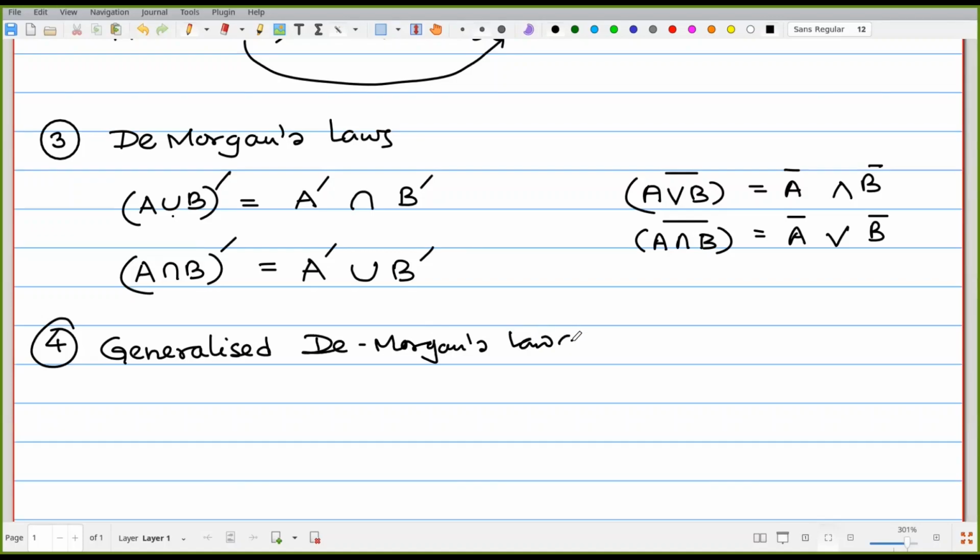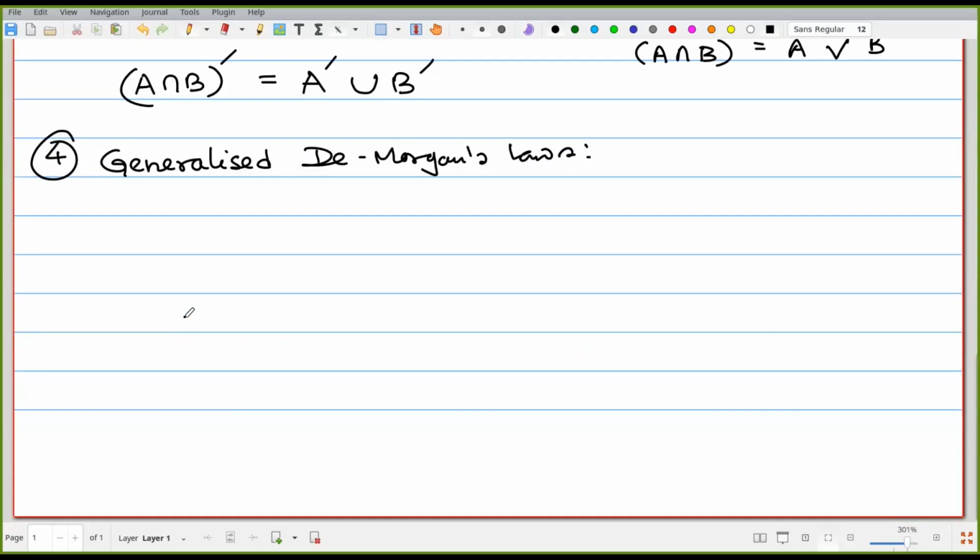Generalized DeMorgan's laws. If we have A minus (B union C), that becomes (A minus B) and (A minus C). Already we have said and, so that is and.